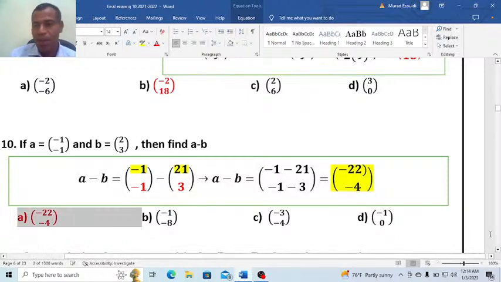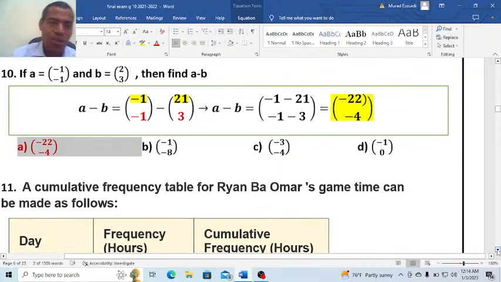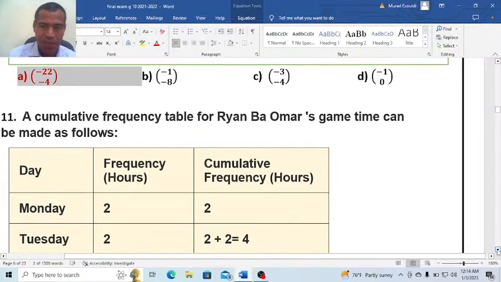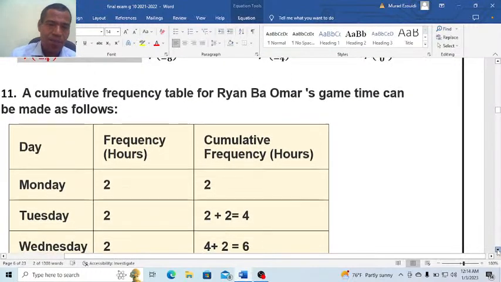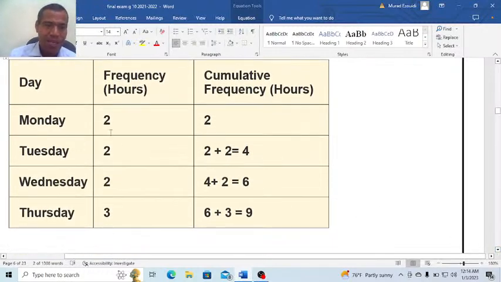Okay, now we move to the next question. We have, let's say, a cumulative frequency table of hours a game takes to be made. You can say that on Monday is 2 hours, on Tuesday is 2, Wednesday is 2, Thursday is 3.